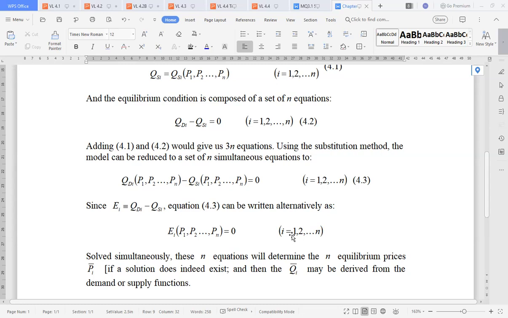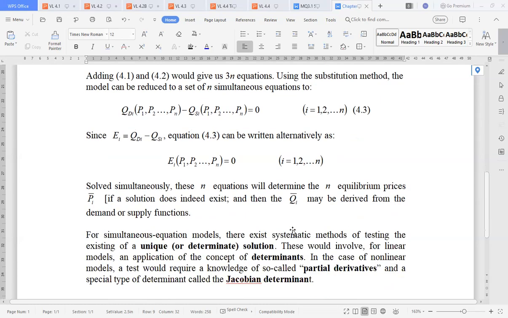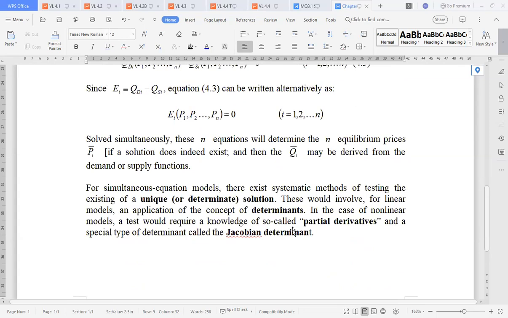equilibrium values. And so today we'll be dealing with what we call matrix algebra. Again, it's an easier way compared to just dealing with substitution and elimination method. Now, for simultaneous equation models, class, there is a systematic method of testing for a unique solution.